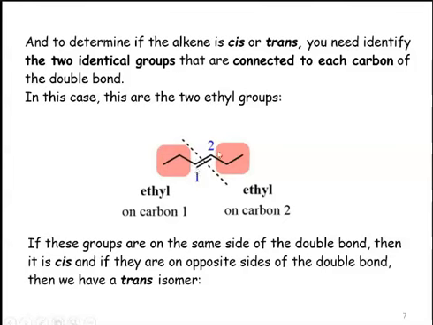Here there is one carbon, here there is a second carbon, and these two carbons are attached to each other through a double bond. Now, if we consider this as the plane of separation between these two doubly bonded carbon atoms, we can see the ethyl group which is attached to carbon 1 lying here, and the ethyl group which is attached to carbon 2 is oriented in this way.